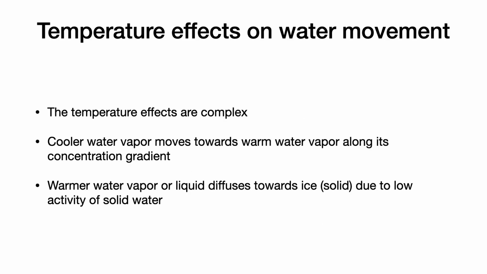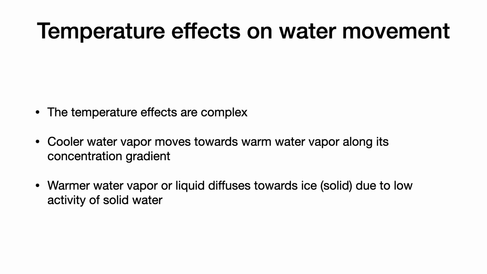What about temperature effects on water movement? Well, this is something that gets rather complex, and it's dependent in part on the state of the water. Cooler water vapor will move towards warm water vapor along its concentration gradient. Because it's vapor, the volume of water condenses in cooler air. That is, the spacing between water molecules is closer, therefore it's more concentrated.